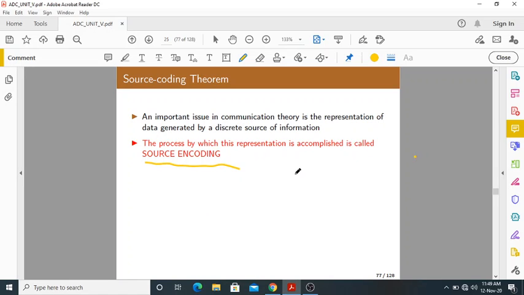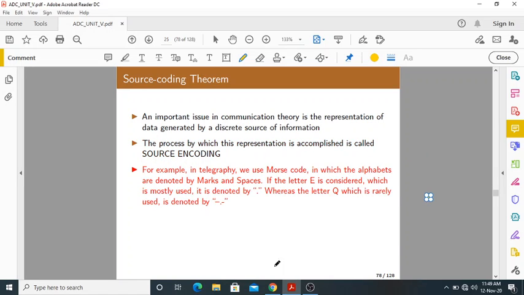Let me take a simple example. One of the oldest source encoding techniques is in telegraphy. It is called Morse code. It is one of the oldest source coding or source encoding techniques. What do we mean by encoding? Generally any source gives a symbol.